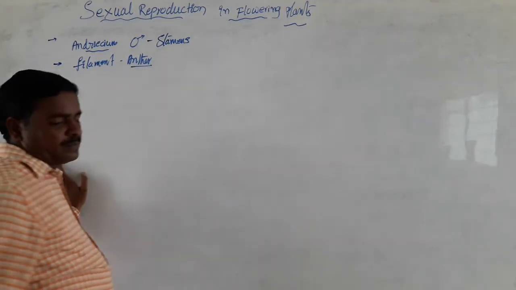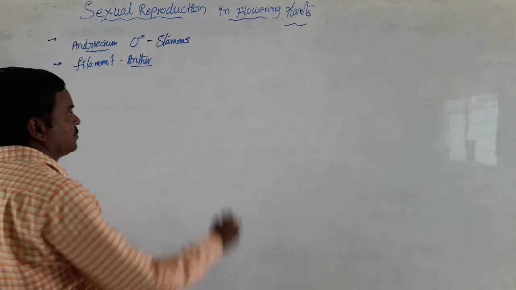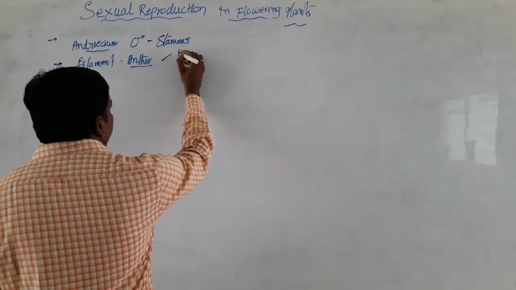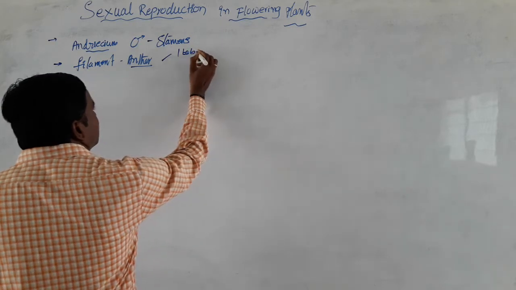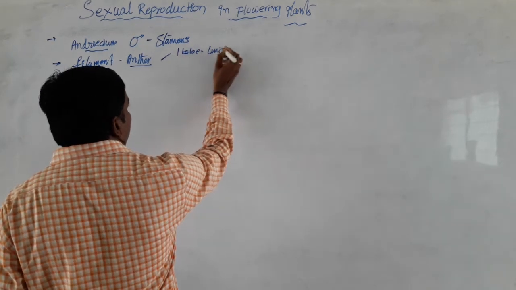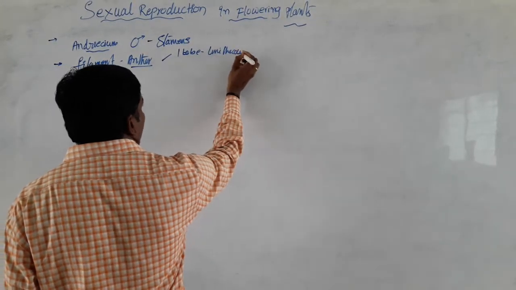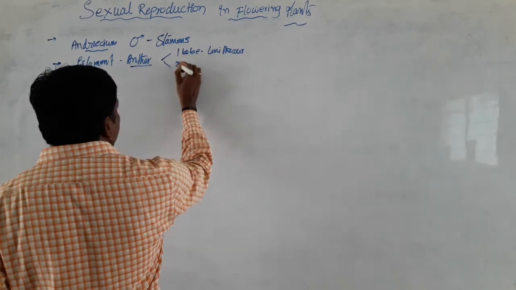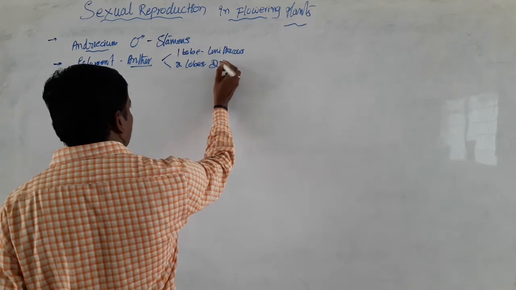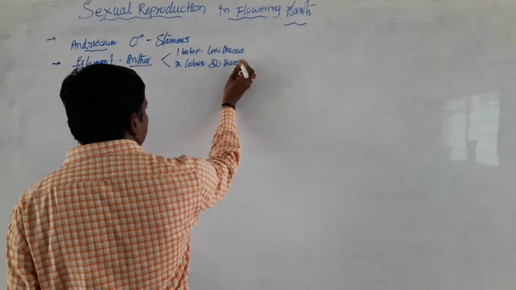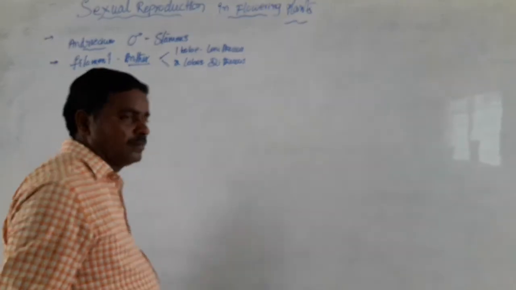This anther may be represented by either one or two lobes. When it contains only one lobe, it is considered as uni or monothecous. But when it is represented by two lobes, it is called di or bithecous.